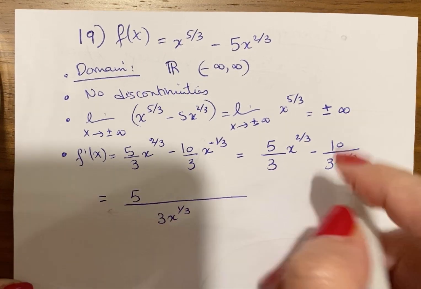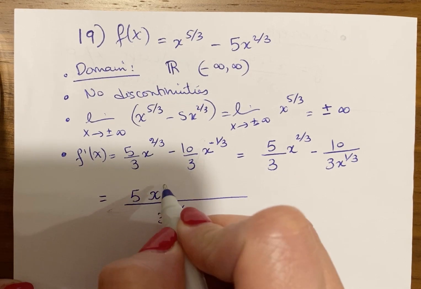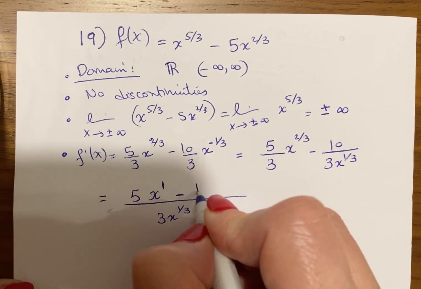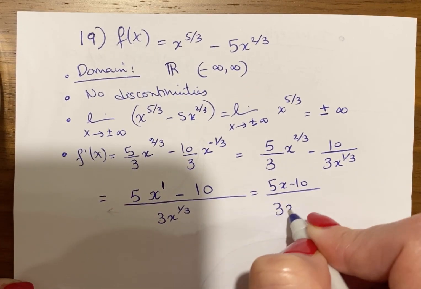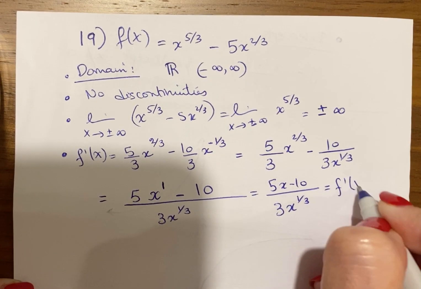You get 5 x to the power 2 over 3 times x to the power 1 over 3 is x to the power 3 over 3, which is x to the power 1, which is x, minus 10. This is 5x minus 10 over 3x to the power 1 over 3. This is f prime of x.